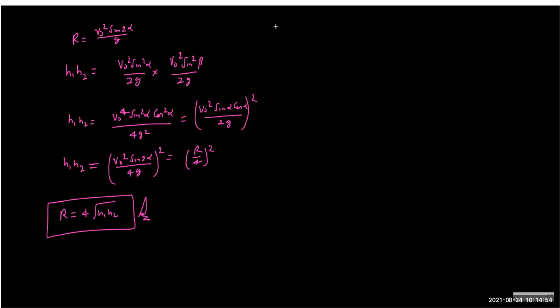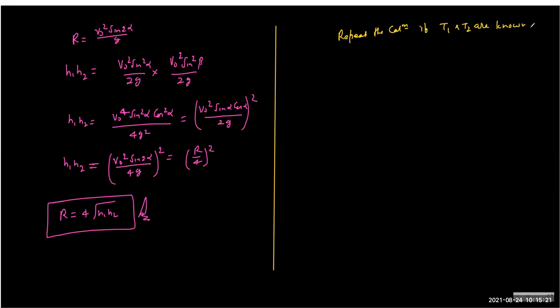So yeah, for the first time it may be difficult, but if you practice, you will find it easier going forward. Now repeat the same problem, repeating the calculation if T1 and T2 are known instead of H1 and H2.